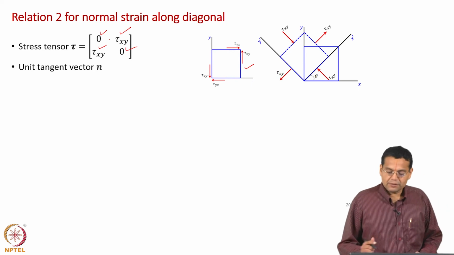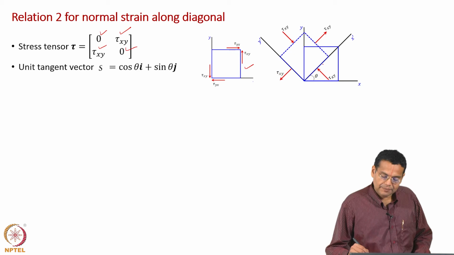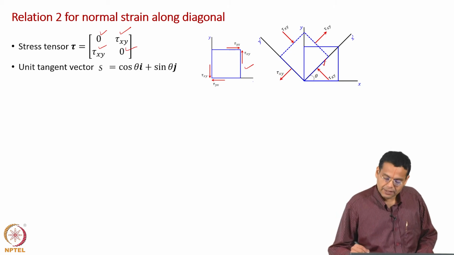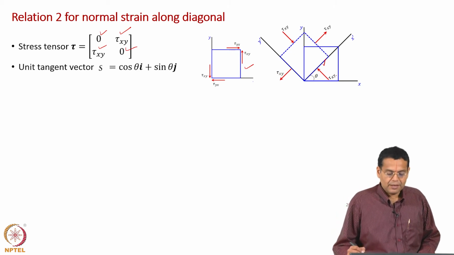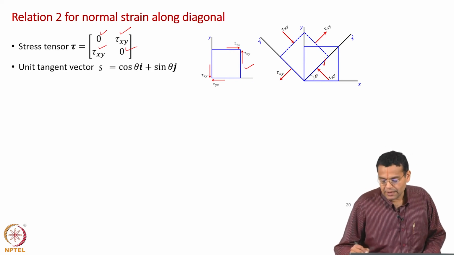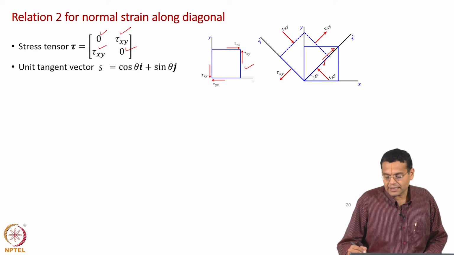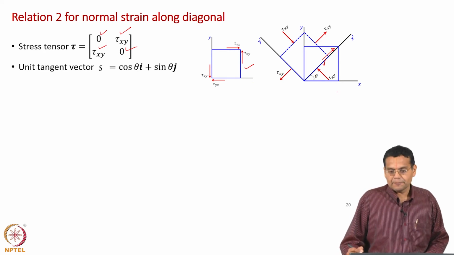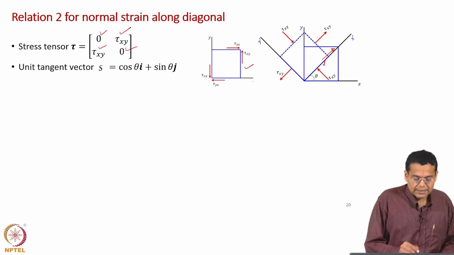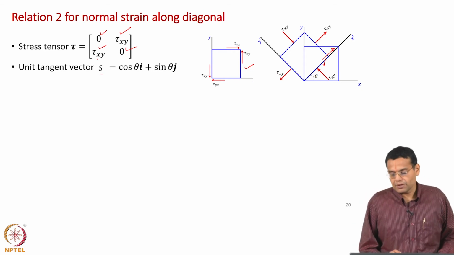Now, I want to consider a plane which is at an angle theta with the horizontal, and I consider a vector along this plane, the tangent vector to that particular plane, which I denote as S based on our usual nomenclature. And what is the vector?